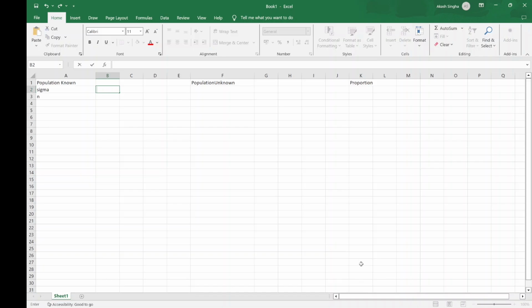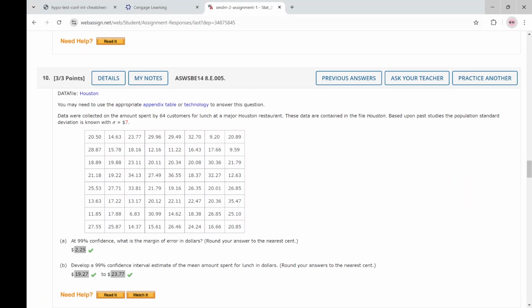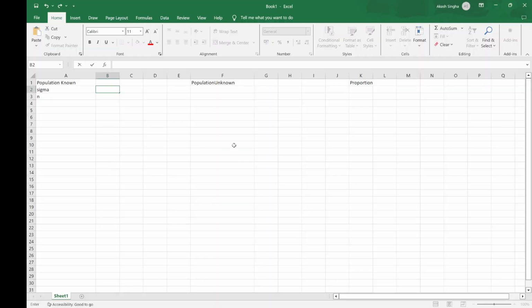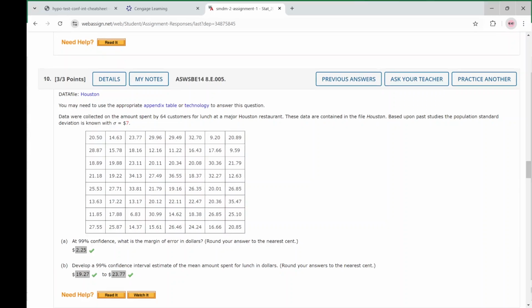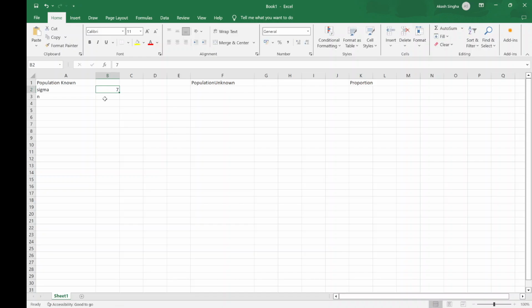So here in the problem, sigma is given. If sigma is given, we will use the sigma by root n formula, right? So sigma is 7, and n is the number of customers, which is also given, 64. And we have to calculate x bar.